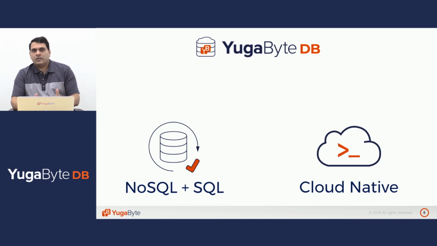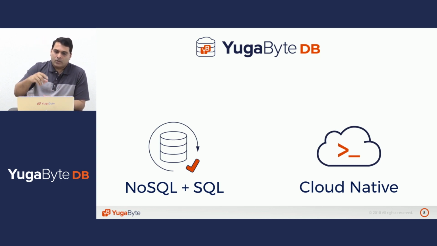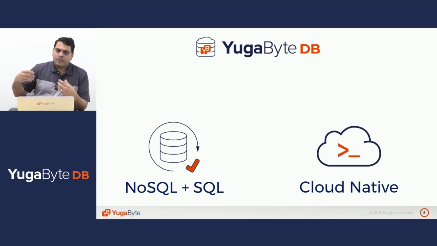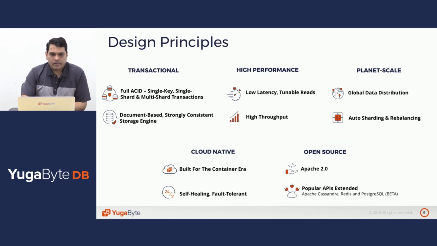So it's a transactional planet scale database for high performance cloud services. It provides transactions which guarantee the consistency that we talked about a couple of slides ago. That is what we need to be able to ingest data across different sources of streams like East Coast, West Coast, and different geographical locations. So it is planet scale as well, tied in with the cloud native aspect for data ingestion.